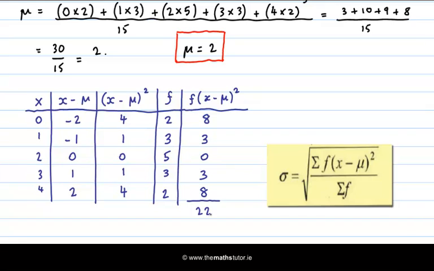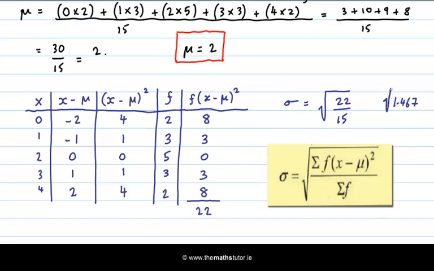We then need to divide by the number of them to get the mean of those squared deviations. So we take 22, divide by 15, and then we get the square root of that. So that's what sigma will be equal to. 22 divided by 15 is 1.467 if we give it to 3 decimal places.